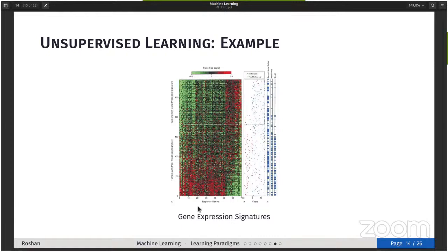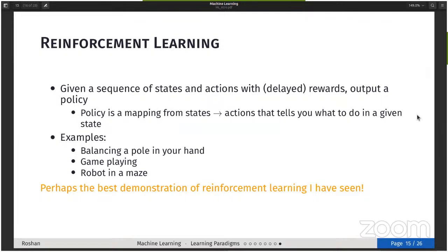We look at their genetic makeup and see what makes them unique, why someone has a specific cancer, or what genetic makeup increases cancer risk. And here I don't have any labels. I only have the gene expression signatures, and I want to separate them into distinct groups. That is the unsupervised learning case. And moving on to the reinforcement learning case.